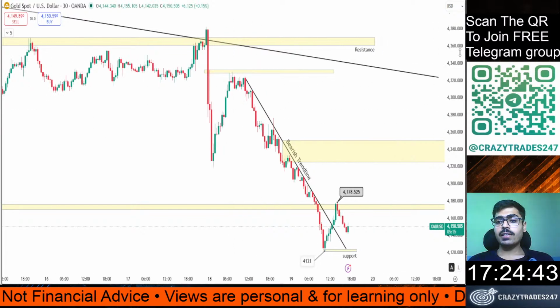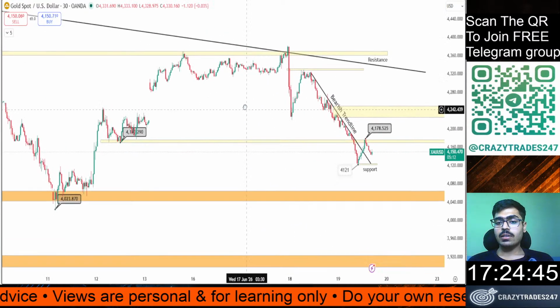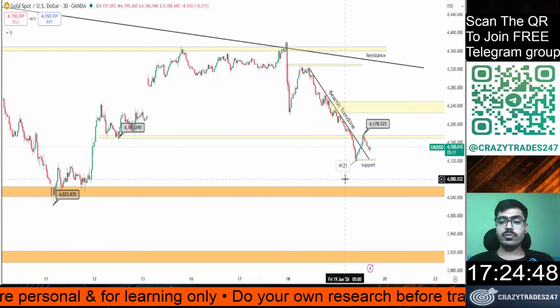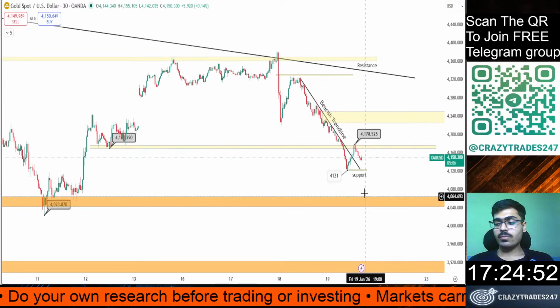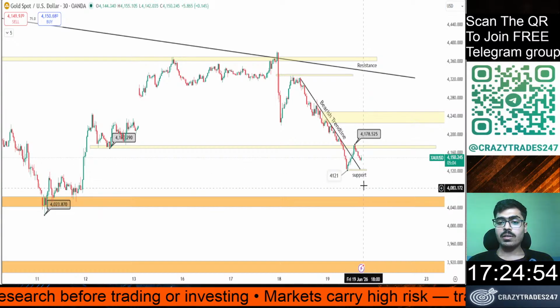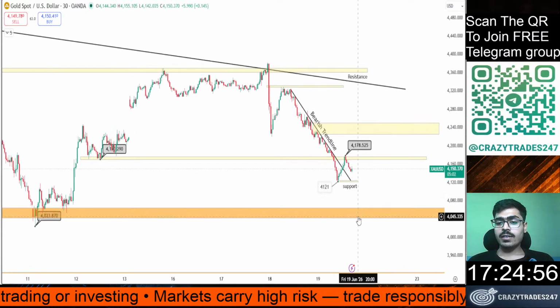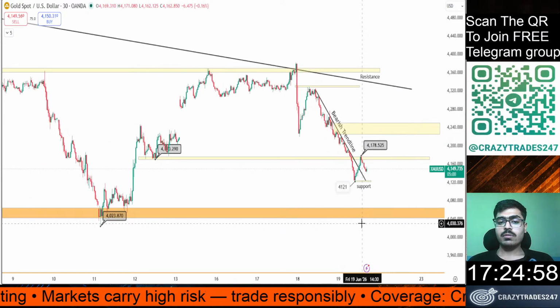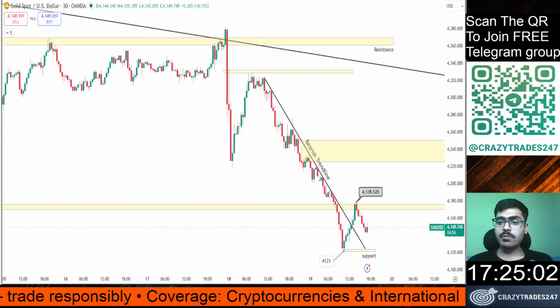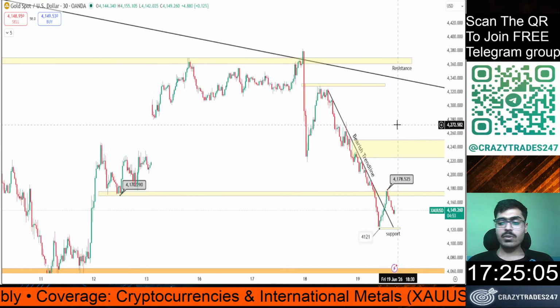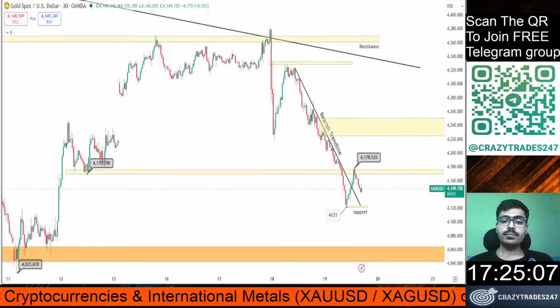Not expecting a target does not mean price can't move below that target. Obviously, if it starts moving downward, then it might even continue below 4,000 levels. But taking a conservative figure as a target has always helped me in the past, and that is what I would suggest for you guys.